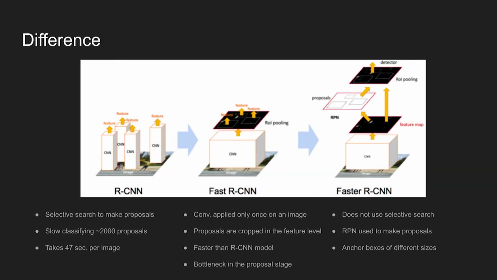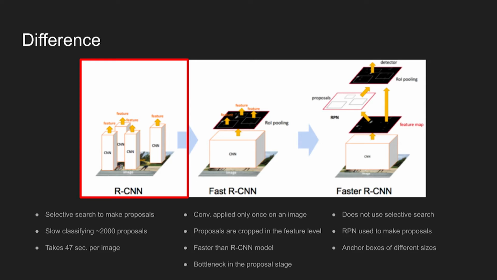Before getting into the details, let's first compare the network with two previous models, R-CNN and Fast R-CNN. The R-CNN network on the left uses selective search to make object proposals. This network is slow because it first applies layers of CNN on each box proposal to extract the image feature, and applies classification on the extracted feature to classify which object is in the box.